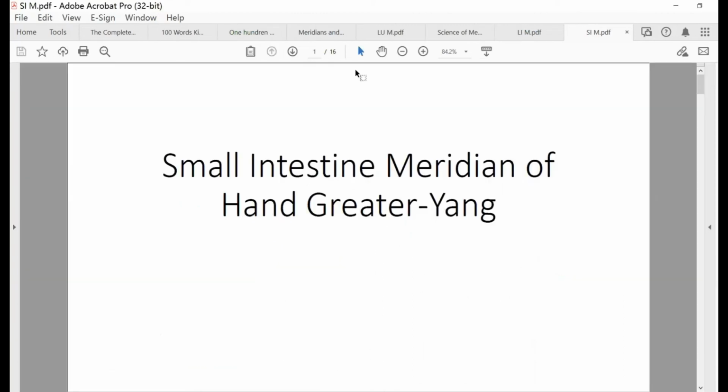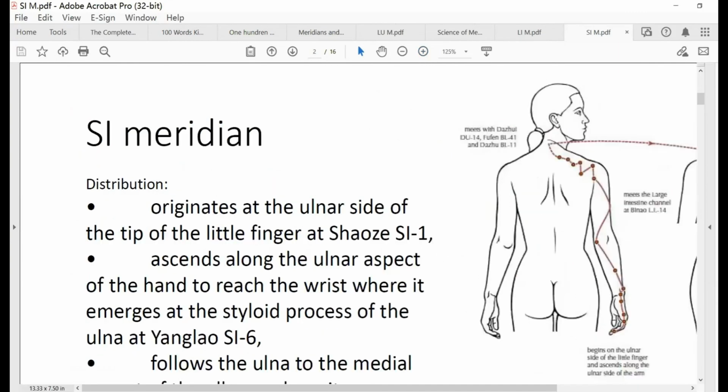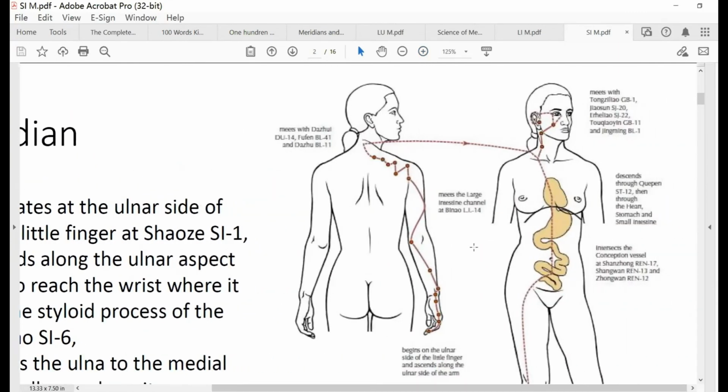The heart and the small intestine. Yeah, posterior. Take a look at this one, that's the small intestine.